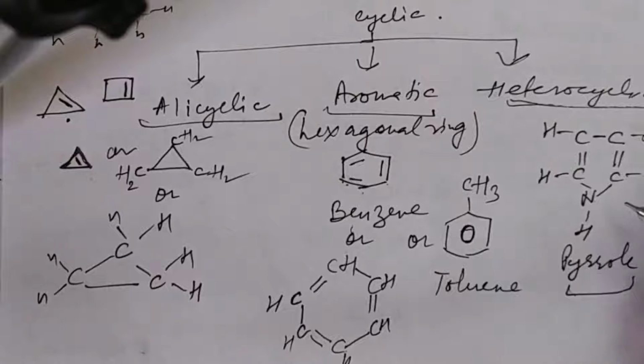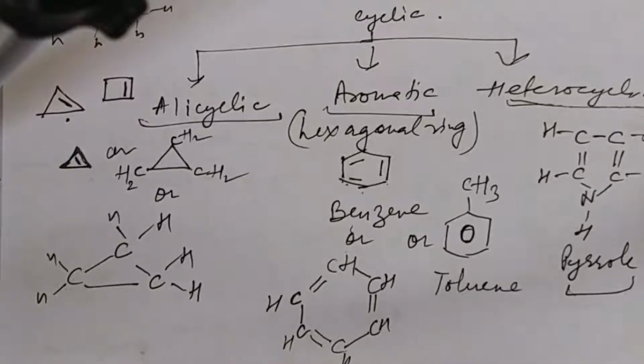Okay, so this is basically the classification of organic compounds on the basis of whether the chain is closed or open, and how aliphatic or aromatic compounds can be classified. It is very important, keep it in mind, how we can classify them with different examples, as we have already discussed.